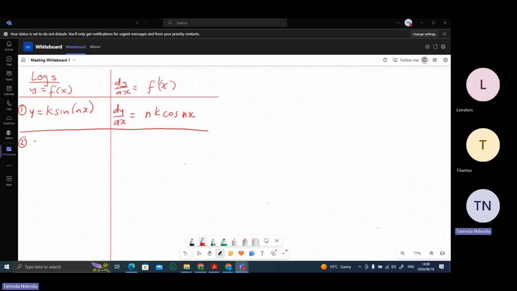Number 2, we have y equals k cos nx. Dy over dx will be equal to negative n k sine nx.